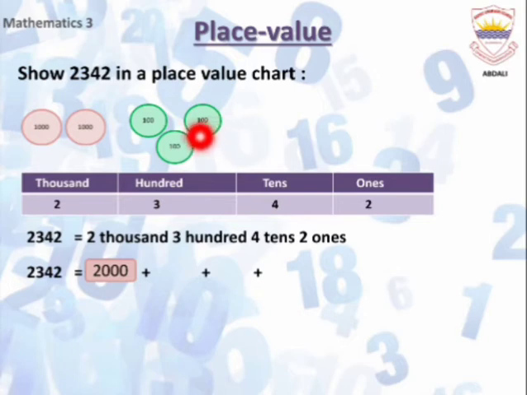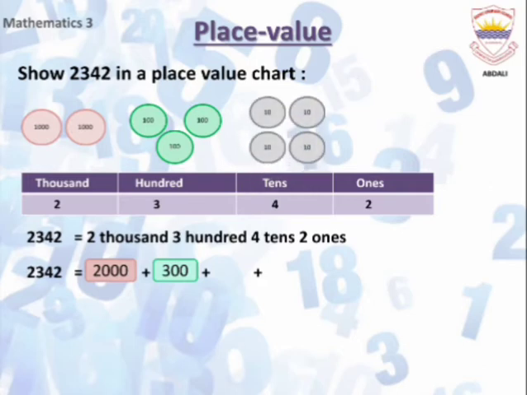These 3 discs combined make 300, and we write the value form of 3 as 300.